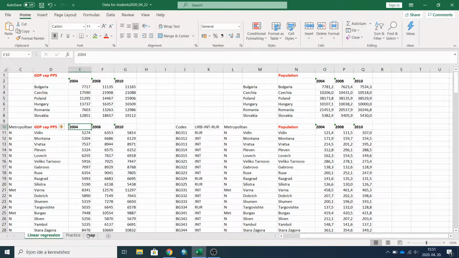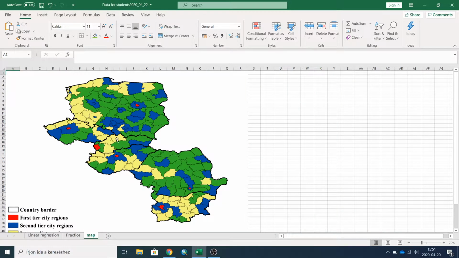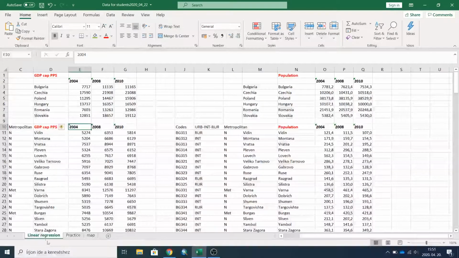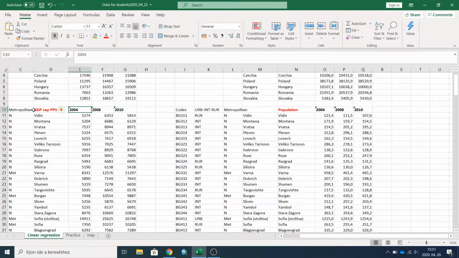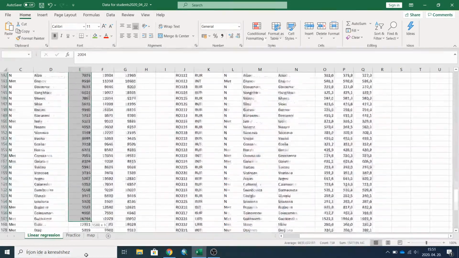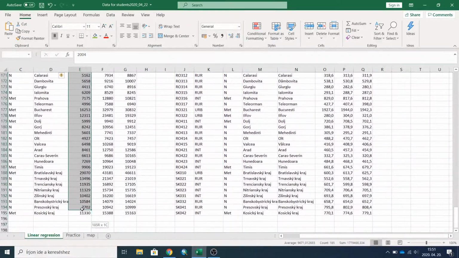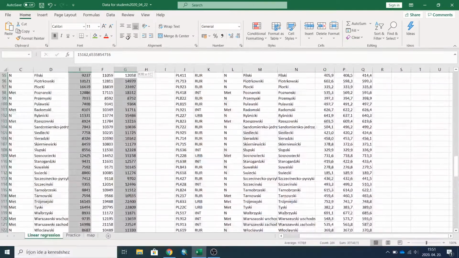Let's move on and calculate at another level. Let's analyze the regression based on NUTS3 level. First of all, analyze the GDP per capita values of each NUTS3 region.